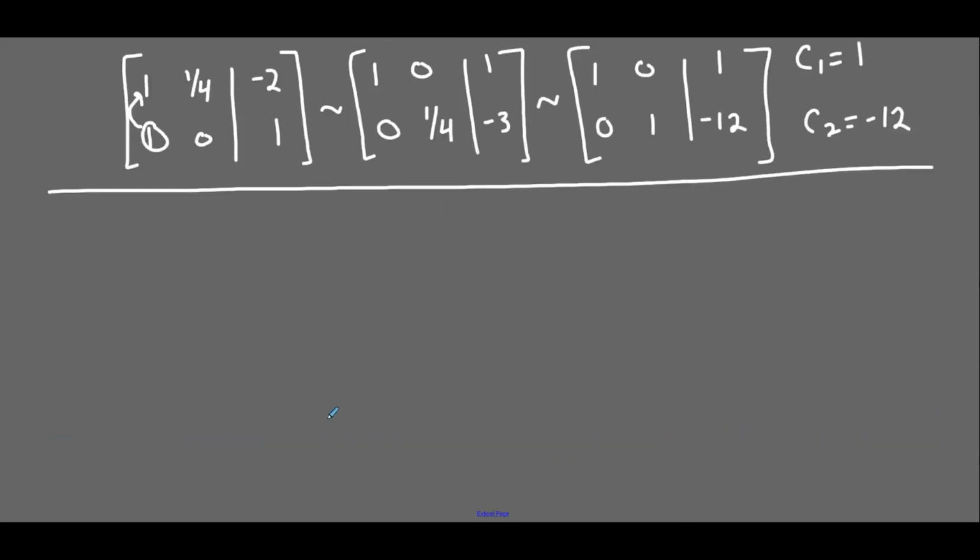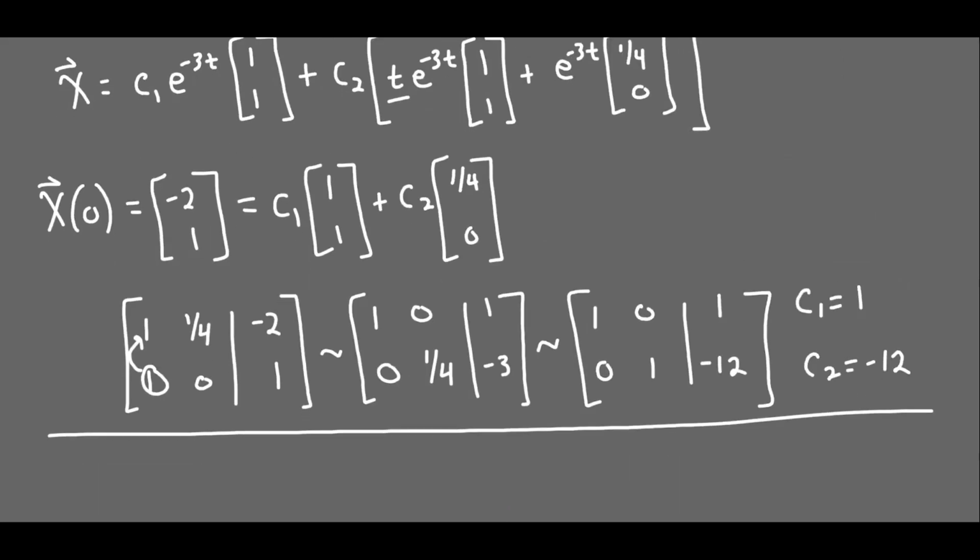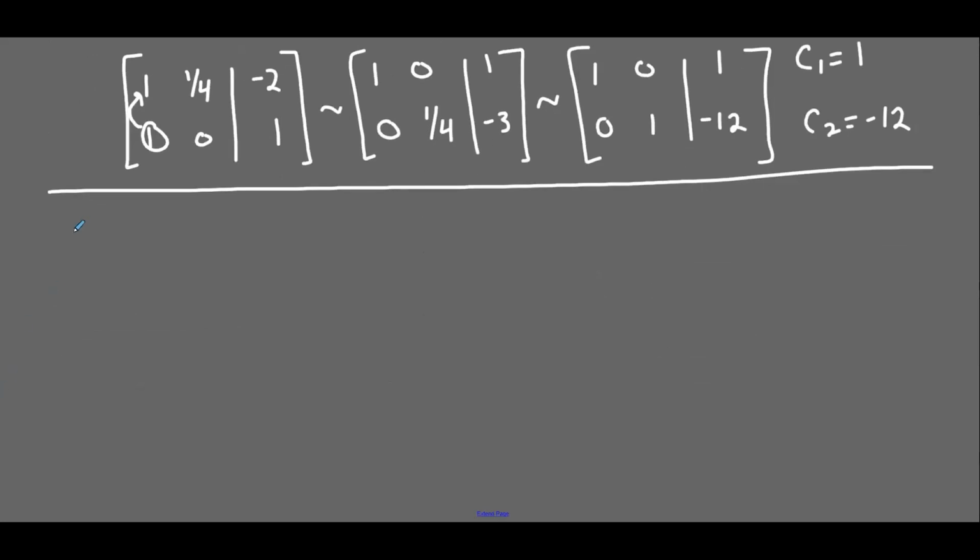So now I can plug that back into my solution that I just wrote down. So C1 is 1 and C2 is negative 12.